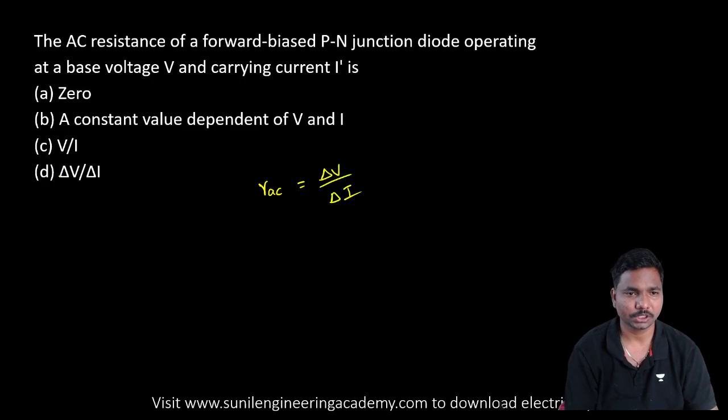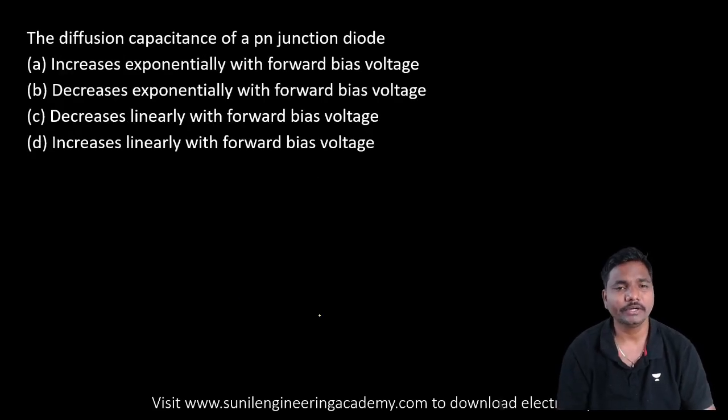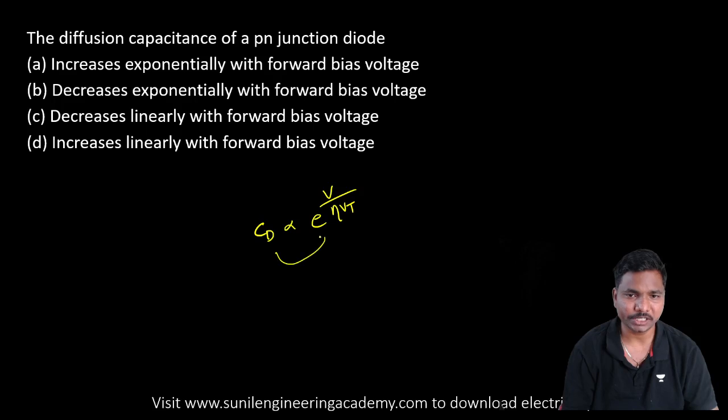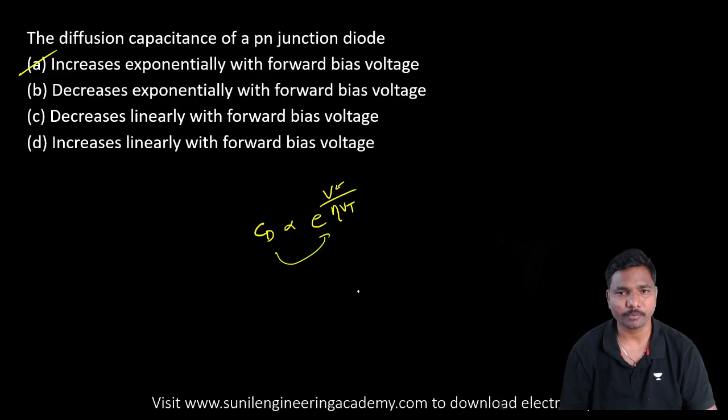So the answer is option D. Next, the diffusion capacitance of a PN junction diode: CD is generally proportional to e power V by ηVT. That is, it increases exponentially with the forward bias voltage V.